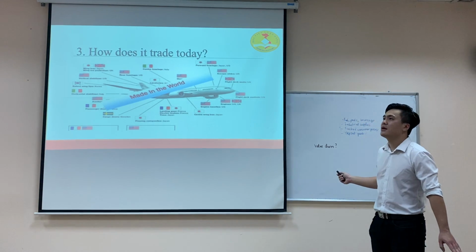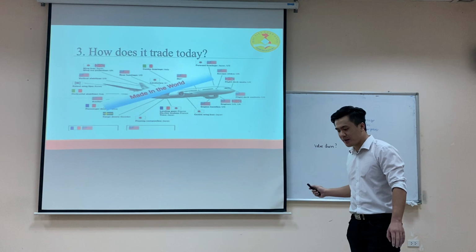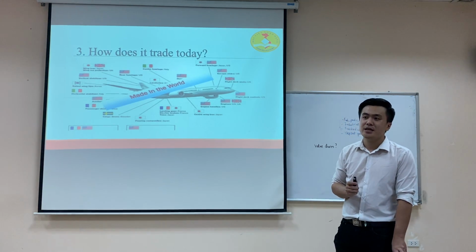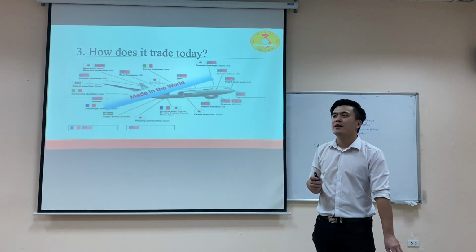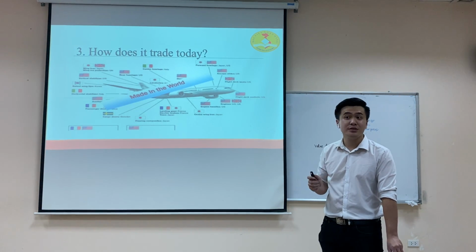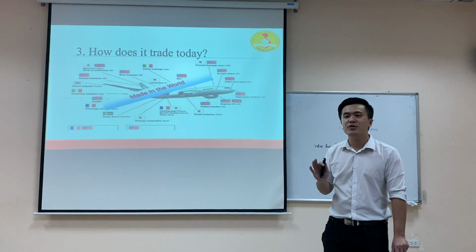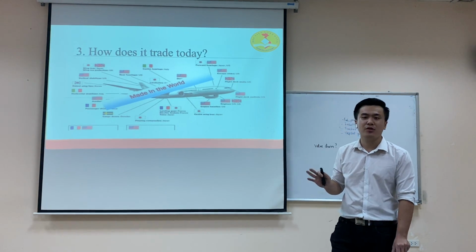If you know about it, good for you. If you don't know about it, now I want to introduce you to a new term. It's the global value chain. It's a term meaning that one product can be produced in almost every country in the globe.